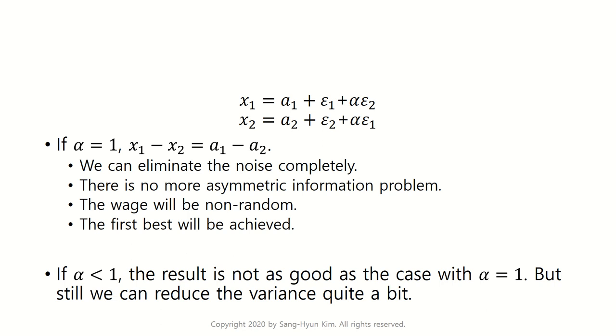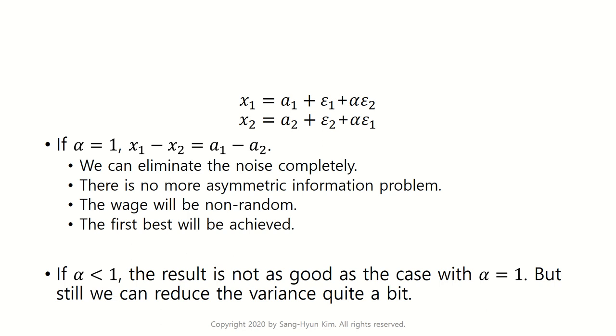So maybe we want to think about the case where we want to recover just A1 alone or A2 alone. Only in that case, maybe we want to say there is no asymmetric information problem. But I still want to say that in this case, there is no asymmetric information problem in equilibrium.